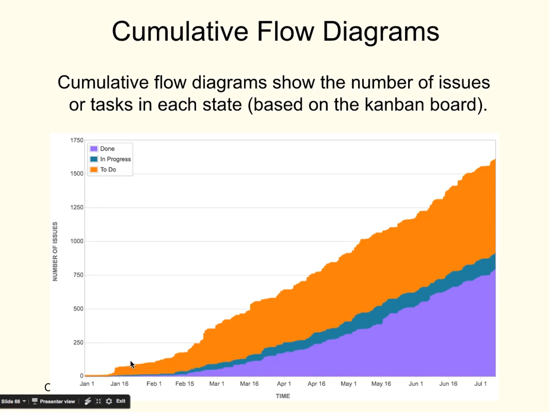If you have calendar dates along here, as you start the project, you have stuff left to do, but then over time you move stuff from the to-do list to the in-progress list. And you notice this should stay about the same because this is roughly the capacity of your team.